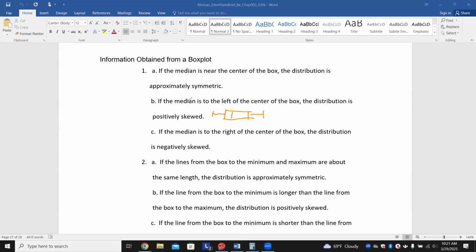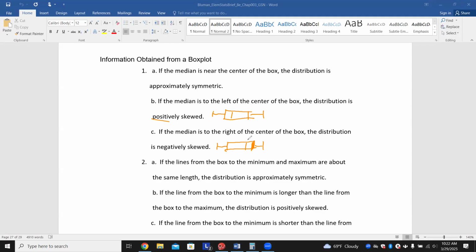If we have something that looks like this, where the median is to the right of the center of the box, the distribution will be negatively skewed. So just looking at a box and whisker plot, I can tell you what a bar graph would look like as well.